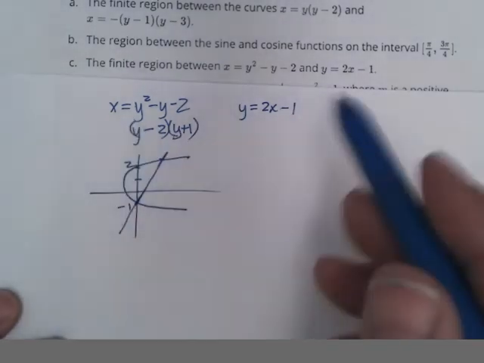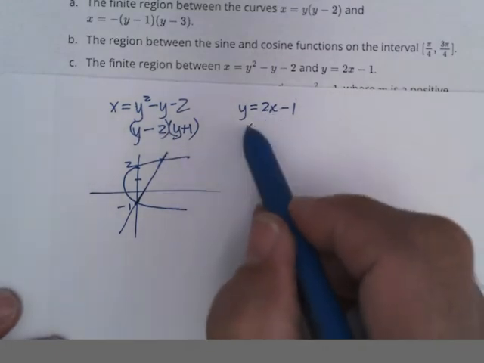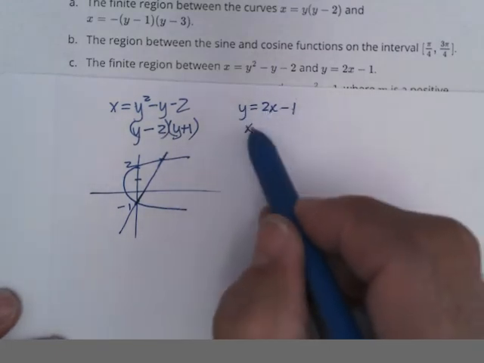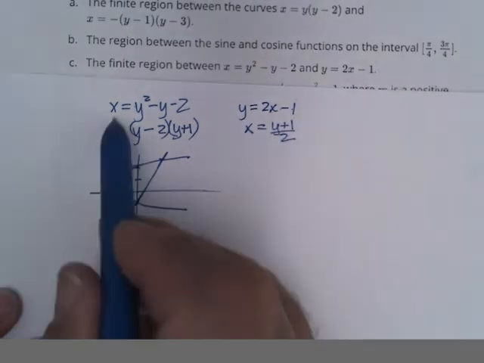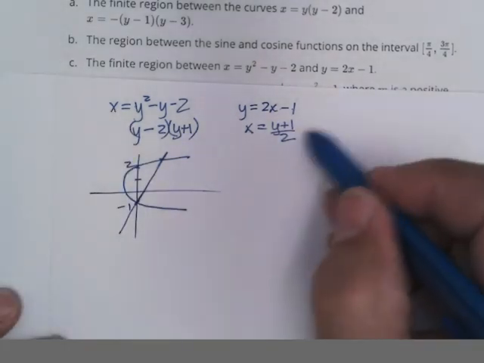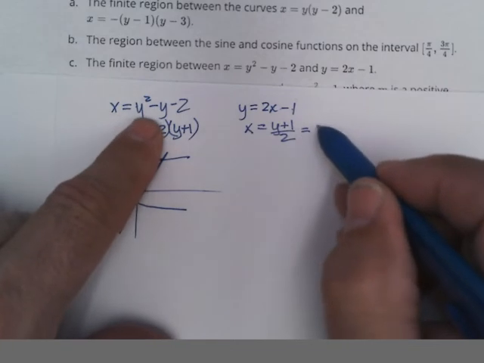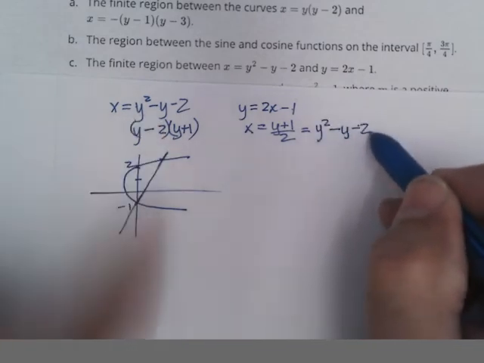Wonder what that intersection is. To find that, solve for x here and substitute. So I'll add 1 and divide by 2, so x equals y plus 1 over 2. So y plus 1 over 2 would have to equal y squared minus y minus 2.